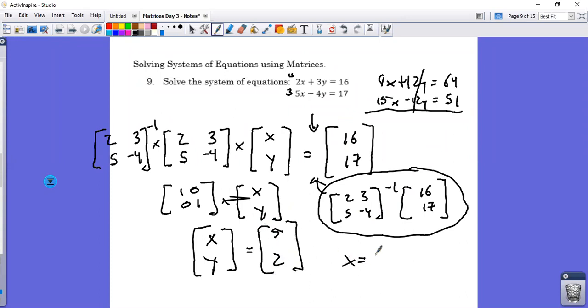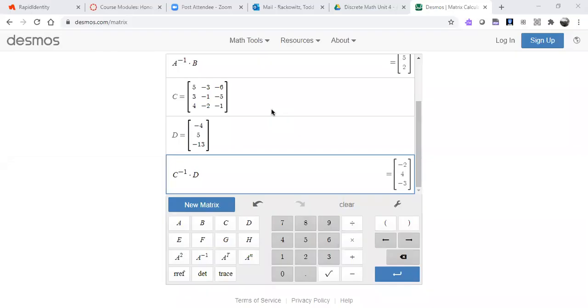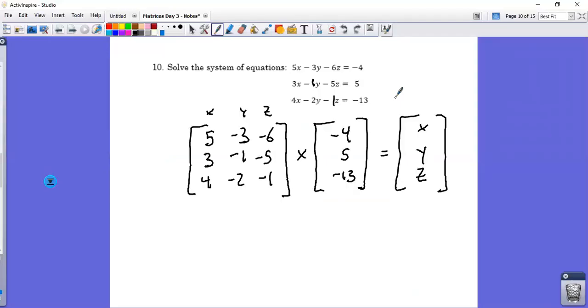So x equals 5, y equals 2, or those two lines cross at the point 5, 2, right? Yeah, so I forgot the -1 there.